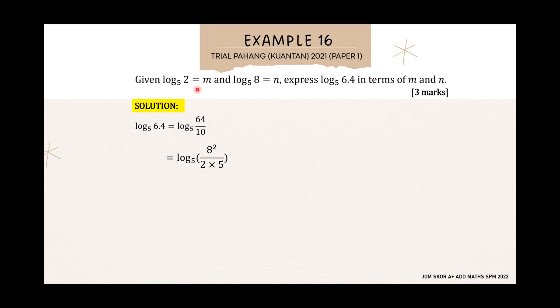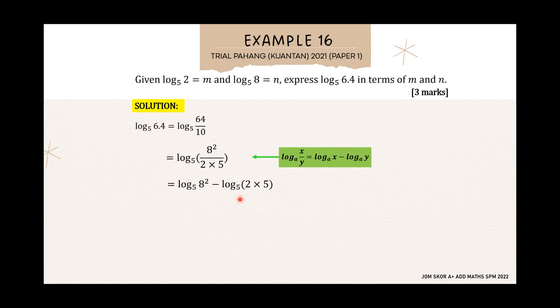Gunakan dengan nilai-nilai yang diberi dalam soalan. Sekarang kita nak applykan division rule. Kita akan dapat log 8 square base 5 minus pada bahagi log 2 times 5 base 5.